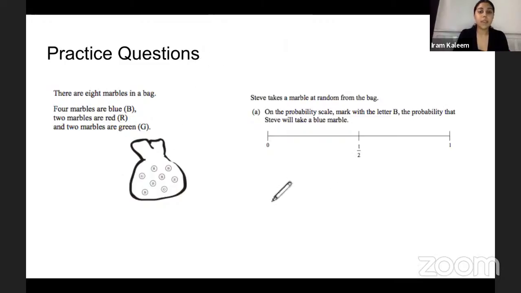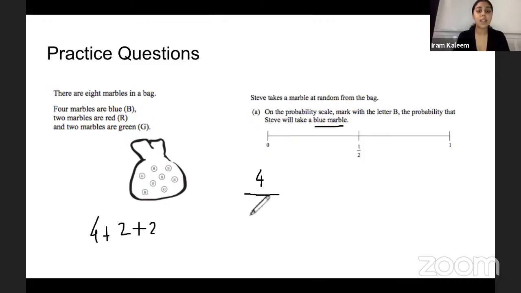So we use the equation. At the top, we want the probability that we're picking a blue marble. So there are 4 blue marbles present in this bag. Then we put the total number of outcomes at the bottom. So we've got 4 plus 2 plus 2.